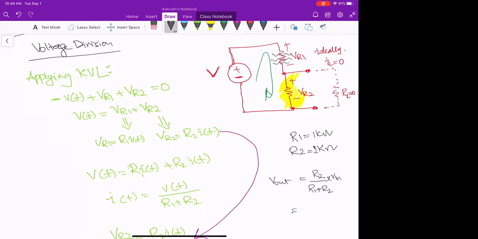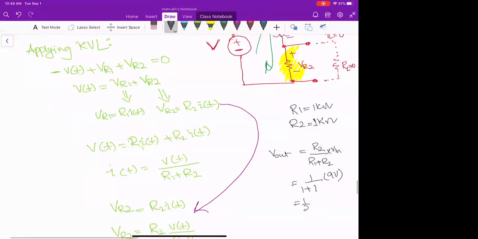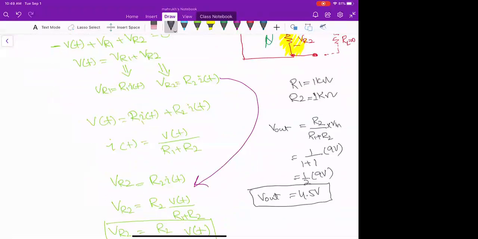So it was 1 over 1 plus 1, and V in was, let's say, 9 volts. So it was 1 by 2 into 9 volts, and it was 4.5 volts, right? Do you remember doing that? Yeah. So we designed the voltage divider to halve the voltage at the output.